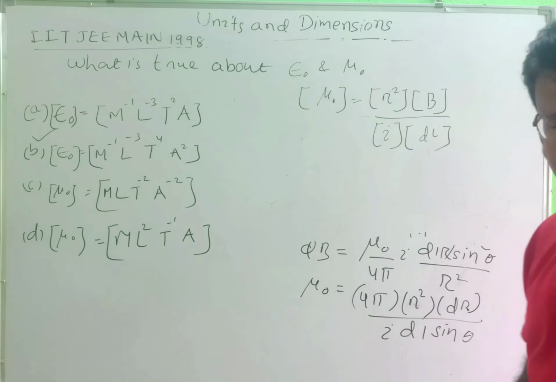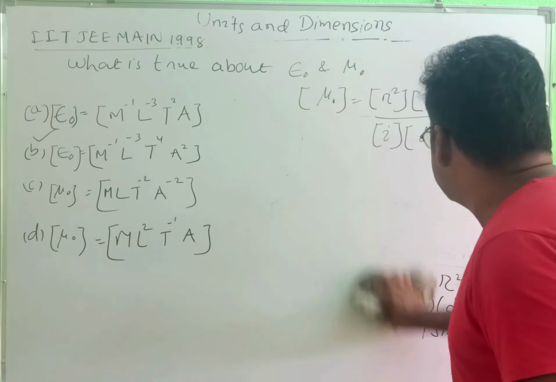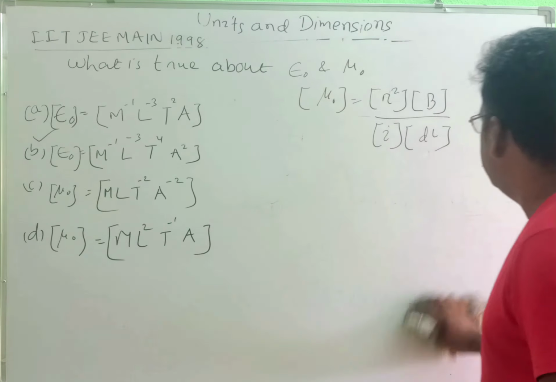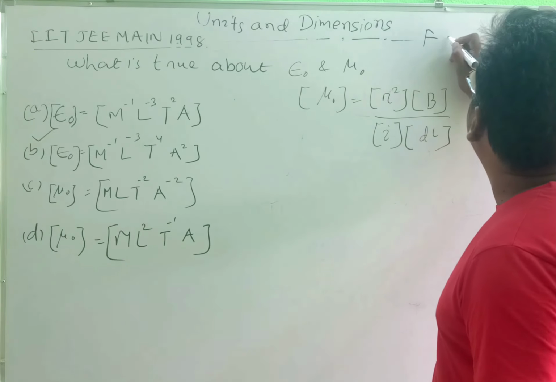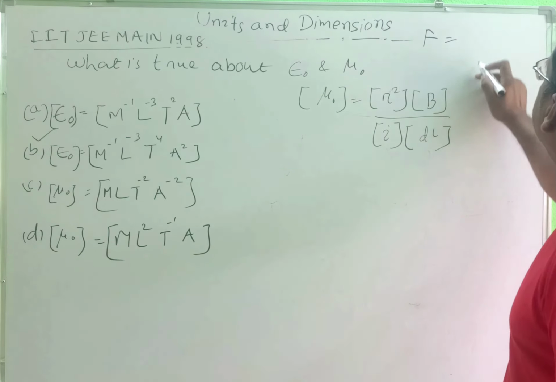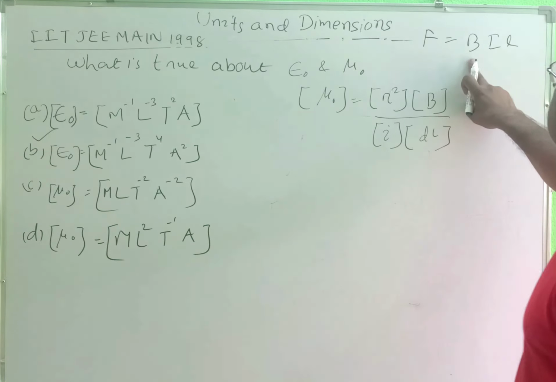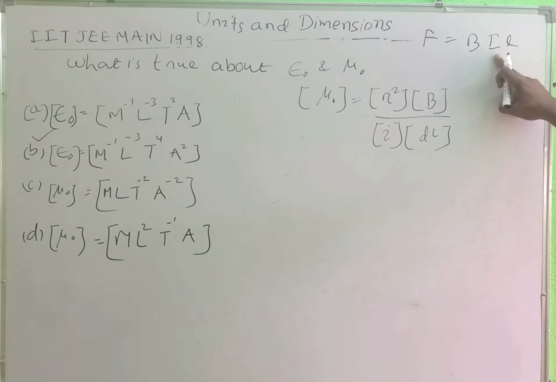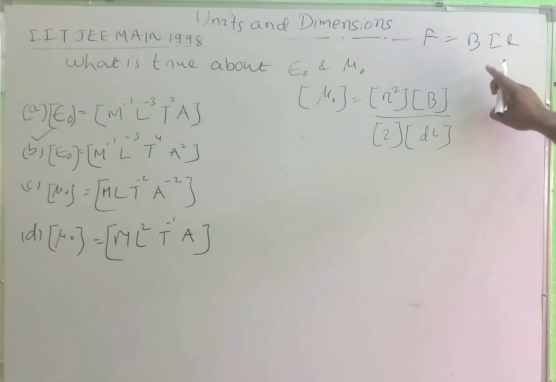Okay student, then what is B student? What is the formula for B? The force in a magnetic field is given by BIL, where B is the magnetic field, I is the current, and L is the length of the current carrying conductor. This is the formula.